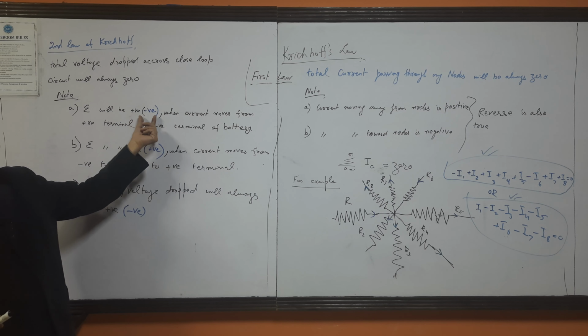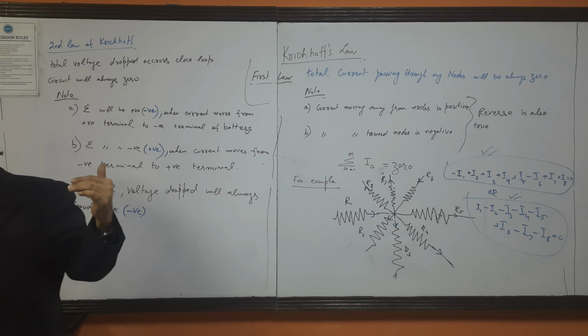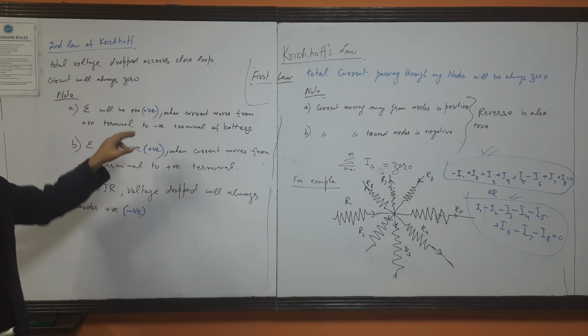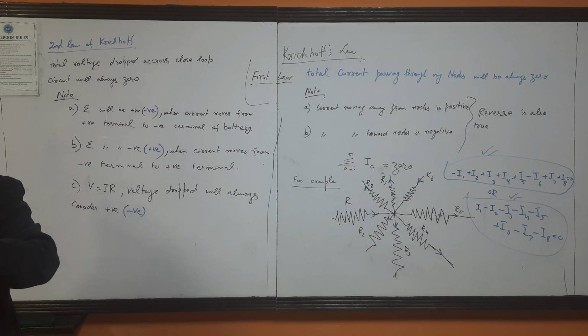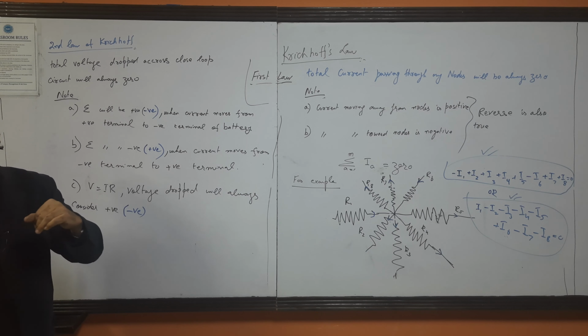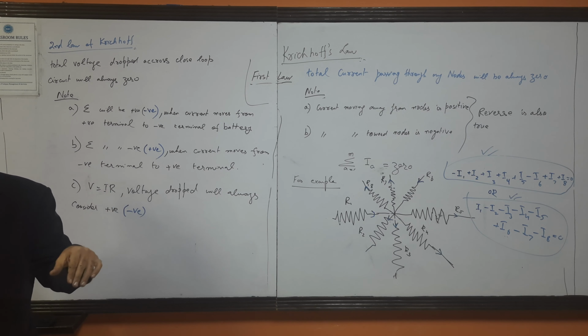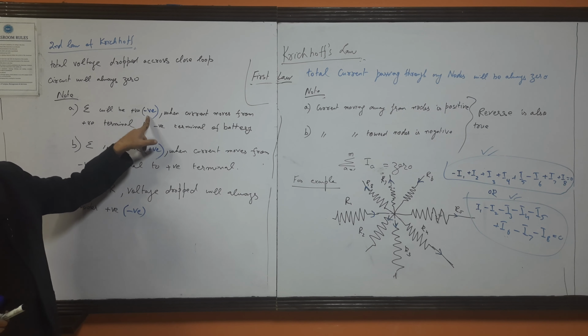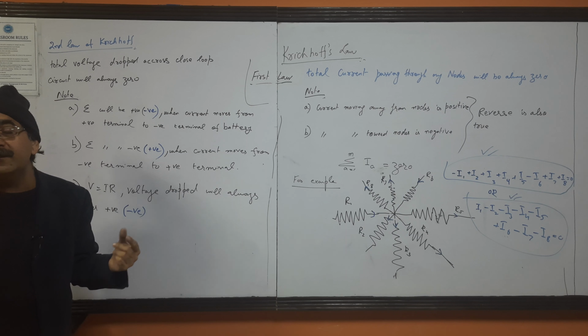If you consider that the voltage is negative when the current is moving from the positive terminal to the negative terminal, because the voltage is dropping, and the voltage is increasing when current is moving from negative to positive.